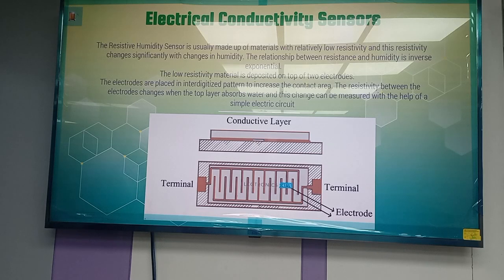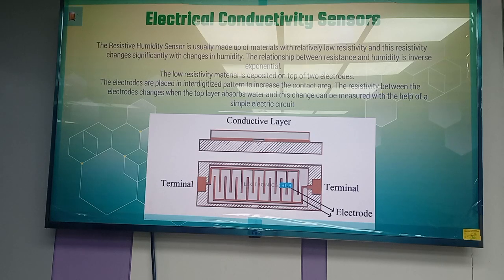So next, the electrical conductivity sensor. The resistive humidity sensor is usually made up of material with relatively low resistivity, and this resistivity changes significantly with changes in humidity. The relationship between resistance and humidity is inverse exponential.